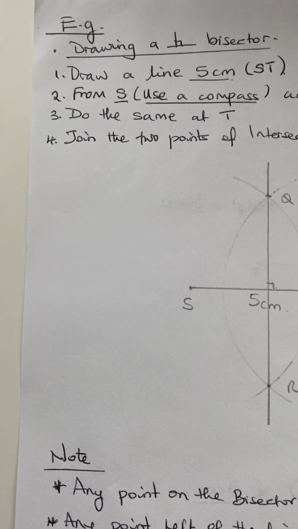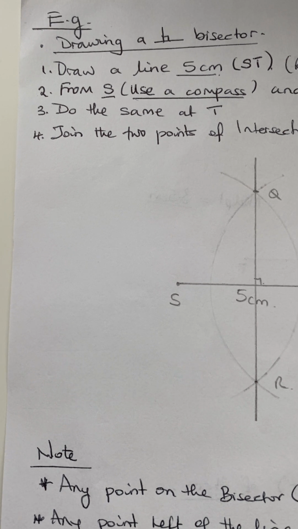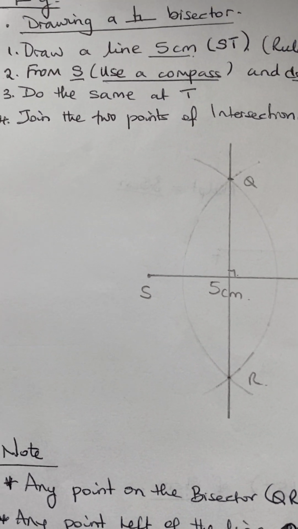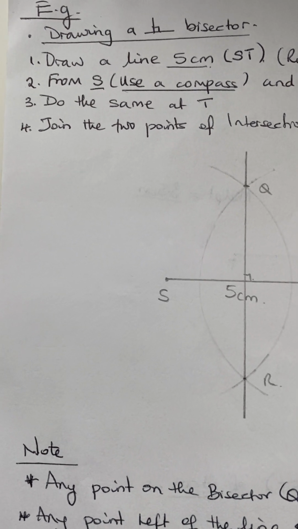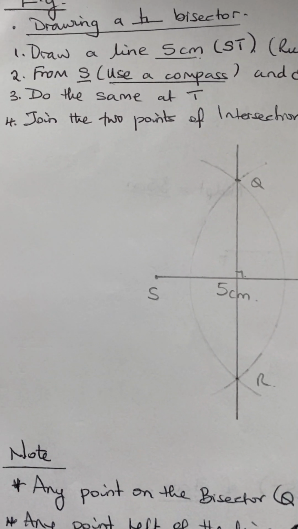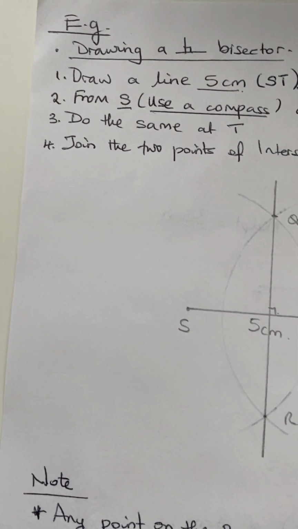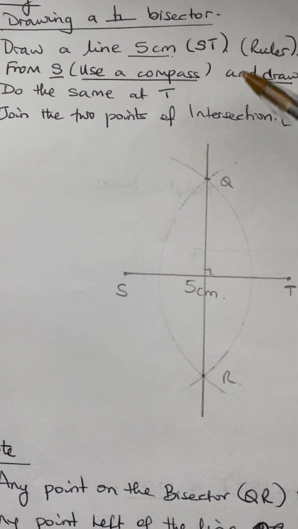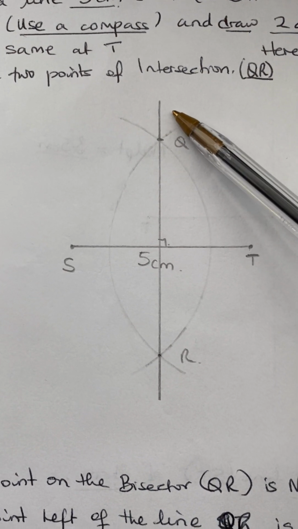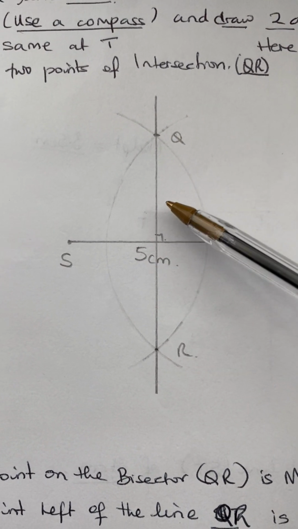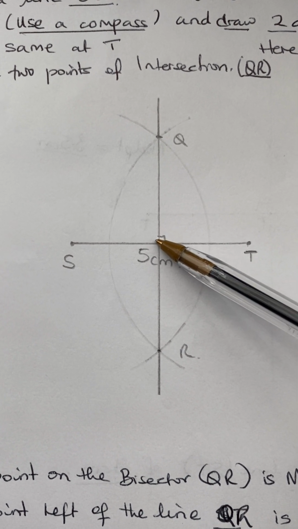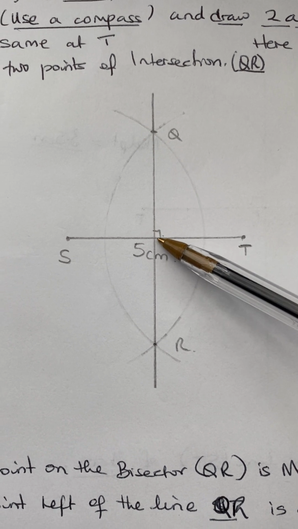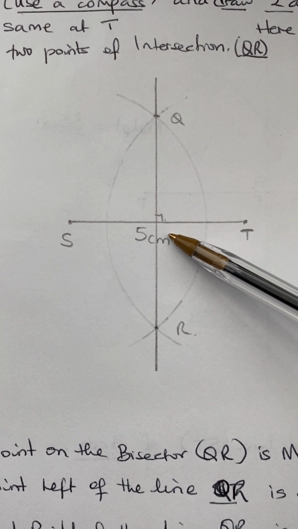So assuming they ask you to bisect a line, or divide a line into two equal halves, how do you do it? That is called a perpendicular bisector, because if you bisect a line into two equal halves, it will cut your line at 90 degrees.